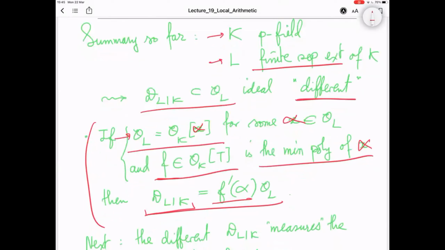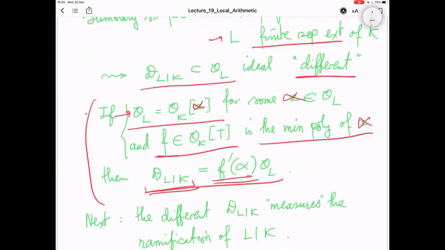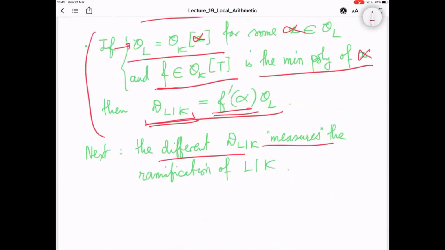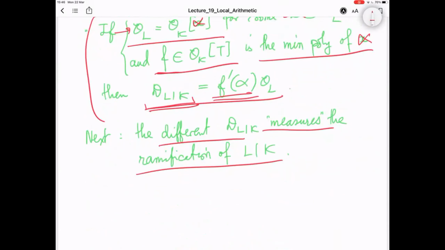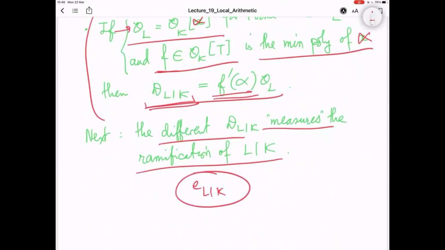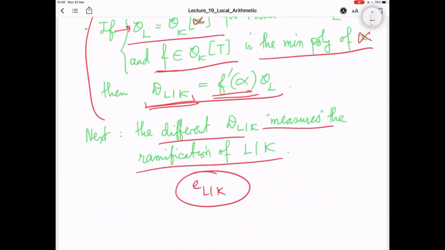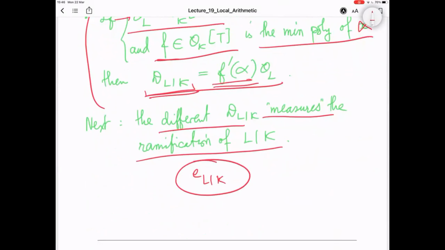That's it. Now, in some sense, this different measures the ramification of L over K. You will say that there's already this e_L/K, which measures the ramification. Yes, so this is a slightly different measure. It's finer.